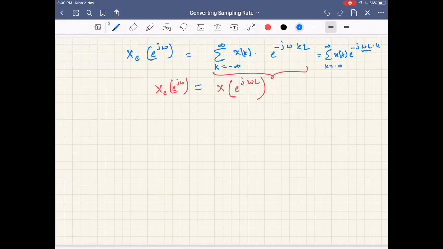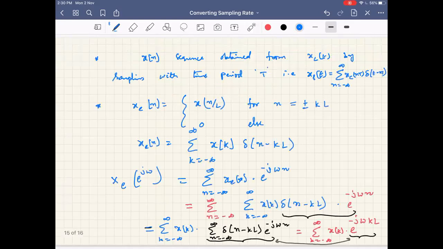So the omega axis is being compressed by L times. When we sketch it, the omega axis will get compressed by L times. However, the sampling frequency gets increased by L times when we do expansion.